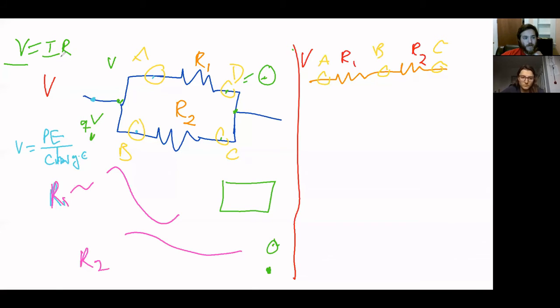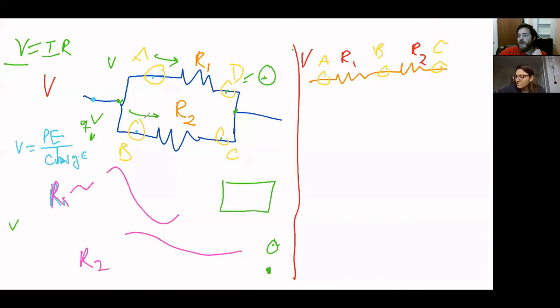So now what we have is that V is constant because the V going in is the V that matters. Okay. So the V going in is the V that matters because outside it's 0. So the V is constant because the V is not being split.